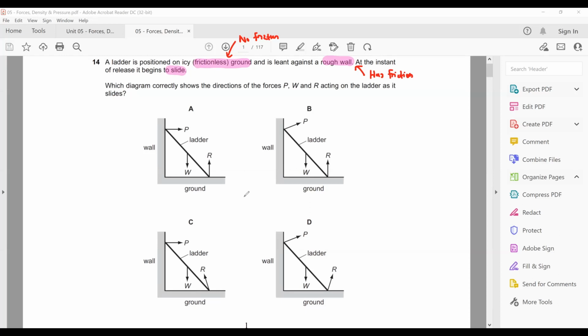So if you look at the diagram right now, if I were to draw it as a separate diagram for you, this is your wall and your ground, and then this is your ladder.